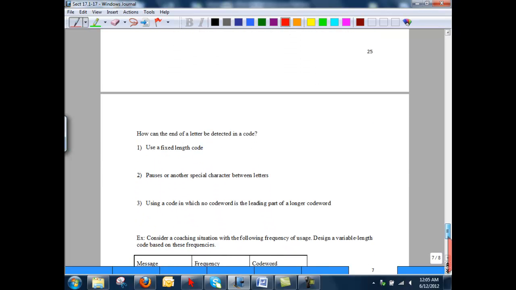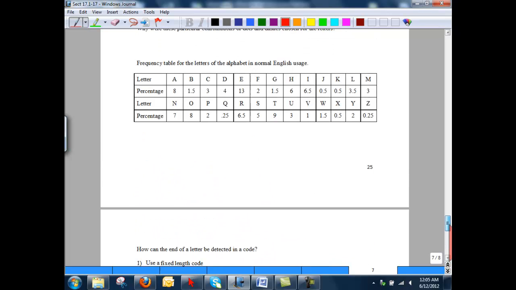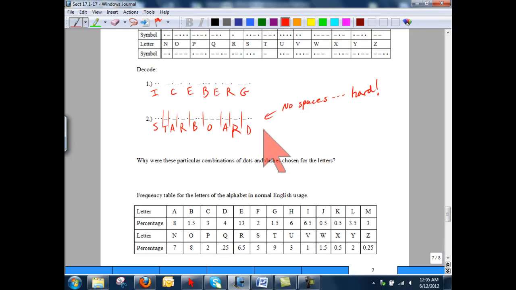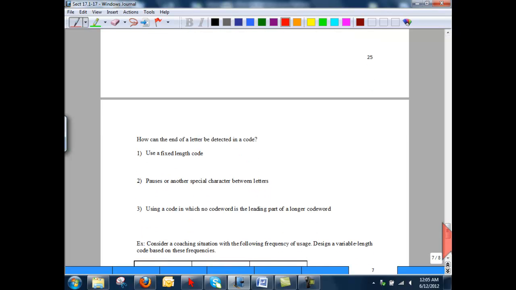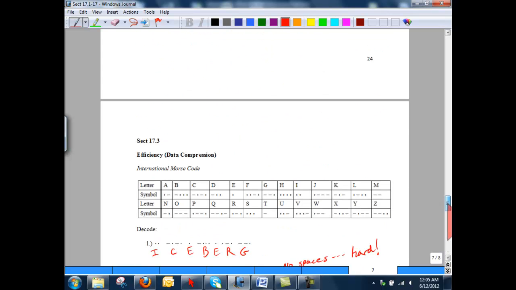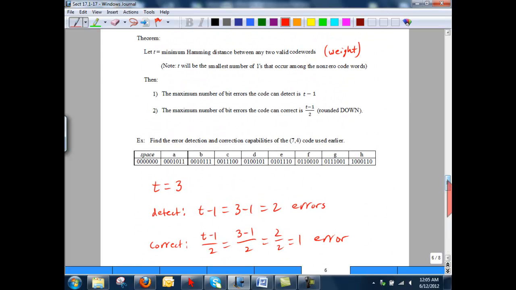Let me come back to how the end of a letter can be detected in a code. This business of why was starboard hard? There were no spaces, so what can I do about that? Three possibilities. One is to use a fixed length code. Notice that's what we were doing in the previous discussion. This was a 7-bit code.